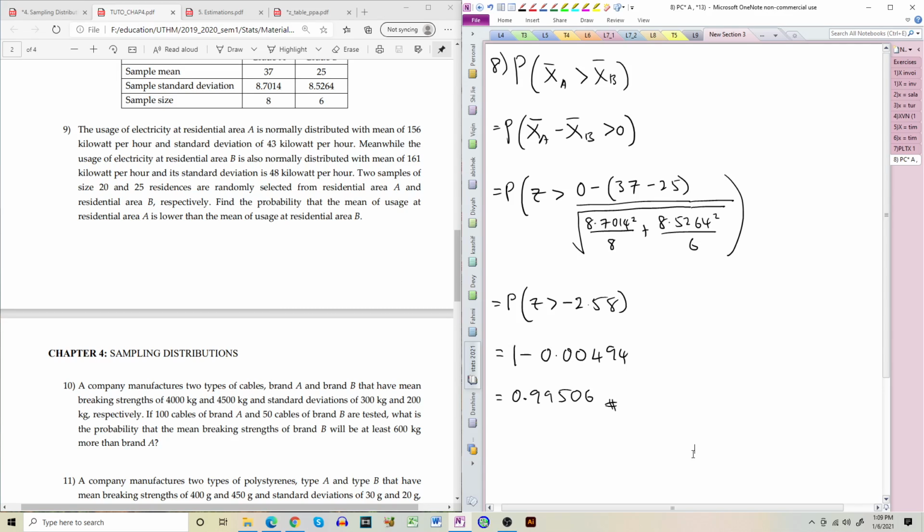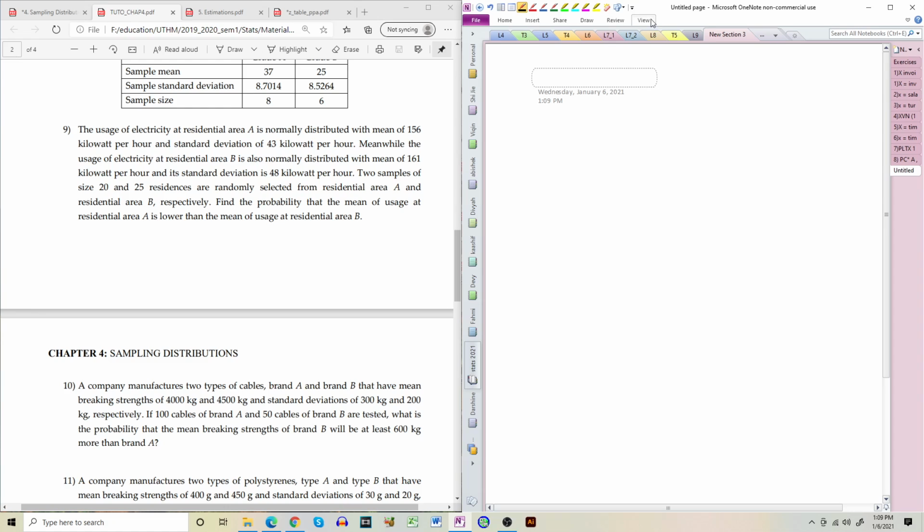Going for number 9 now. For number 9, the usage of electricity at residential area A. So there are A and B. We have to do a table here.